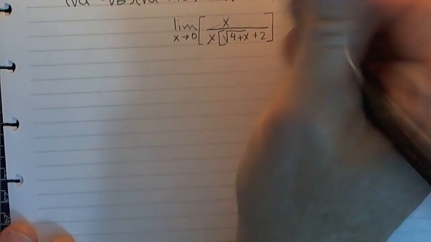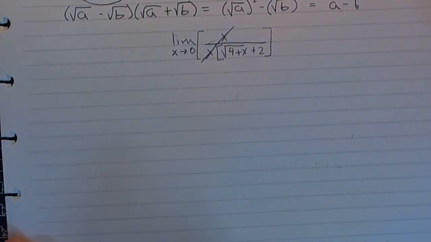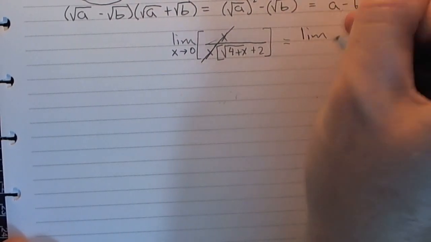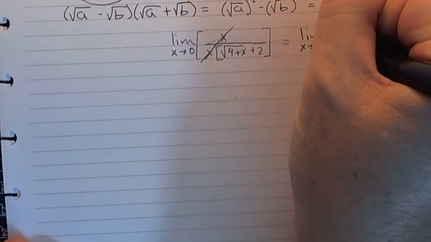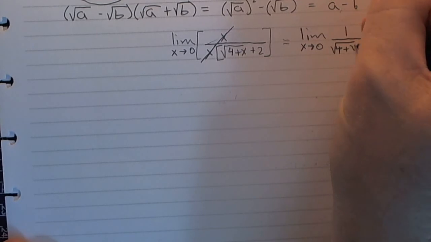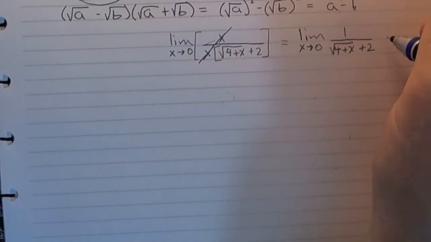Now, here's the good thing. What happens now is this x cancels. And now we have the limit as x goes to 0 of 1 over the square root of 4 plus x plus 2. Now, I can plug in, because look what happens.